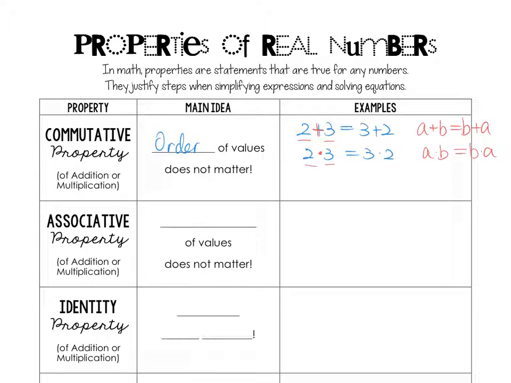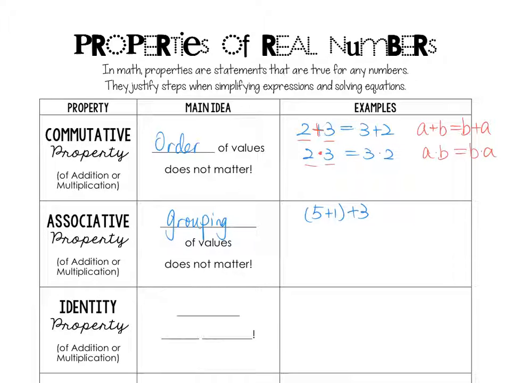The next property we have been working on is called the associative property. You've already done all of this. This is just a fancy name to tell people that the grouping of values doesn't matter. So let's say I have 5 plus 1 plus 3.